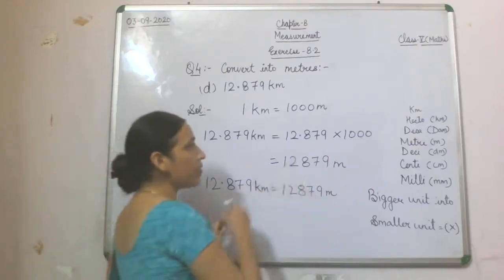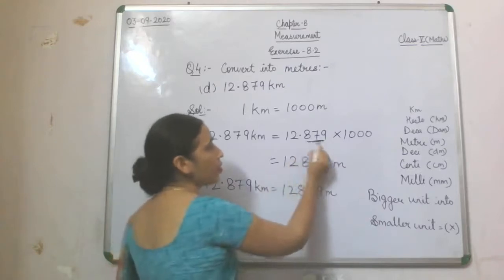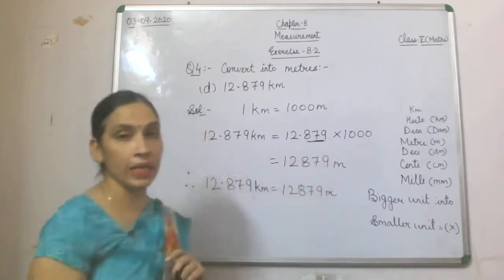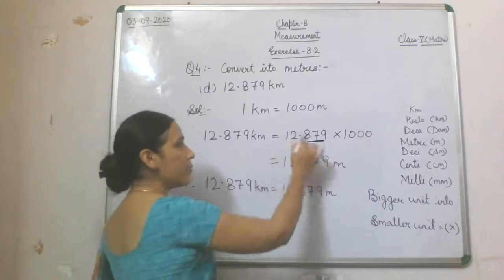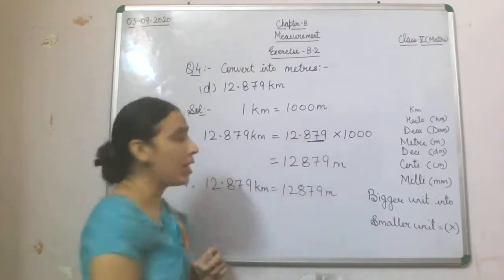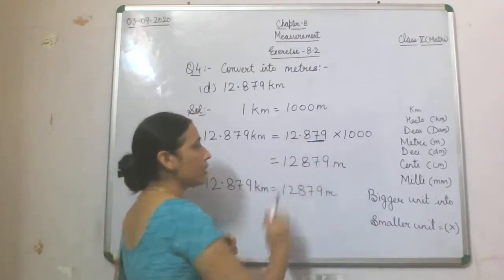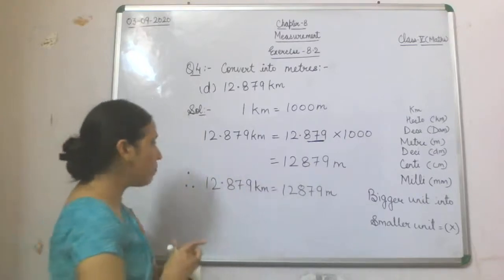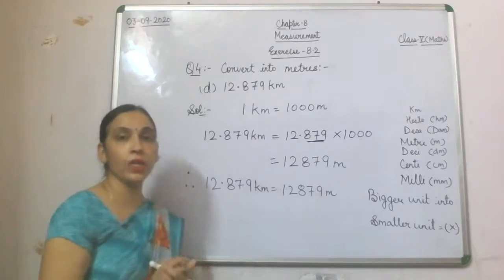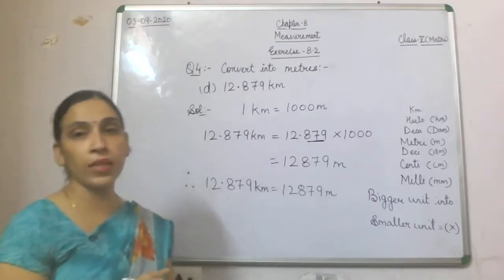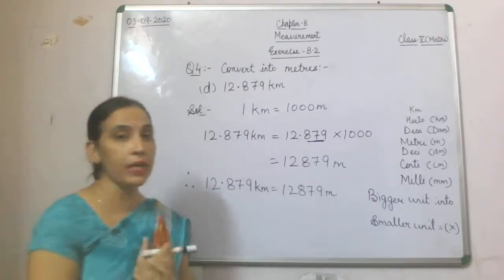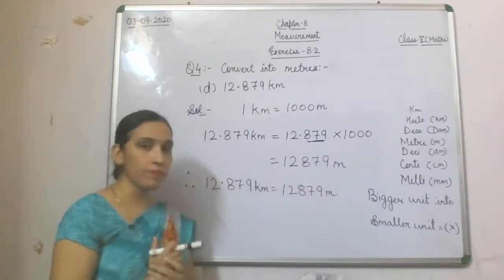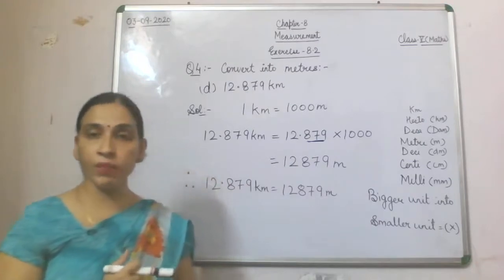Here you can see we have 3 decimal places, so we don't need to think anything. We just simply shift the decimal, and the answer we are going to write is 12,879 meter. Therefore, 12.879 kilometer is equal to 12,879 meter.